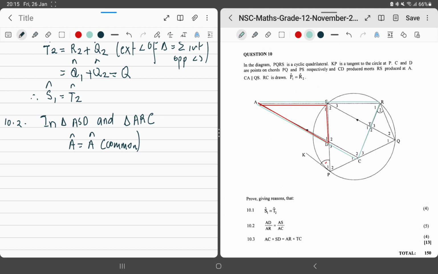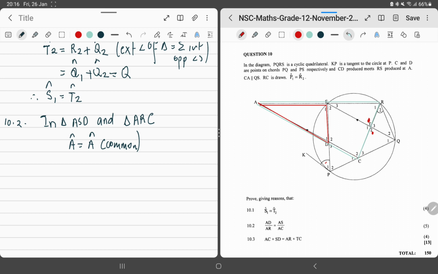Okay, so I need to prove another angle. STR, this angle right here is equals to T2, and then that angle is equals to C2 because they are corresponding angles. I have an F there.